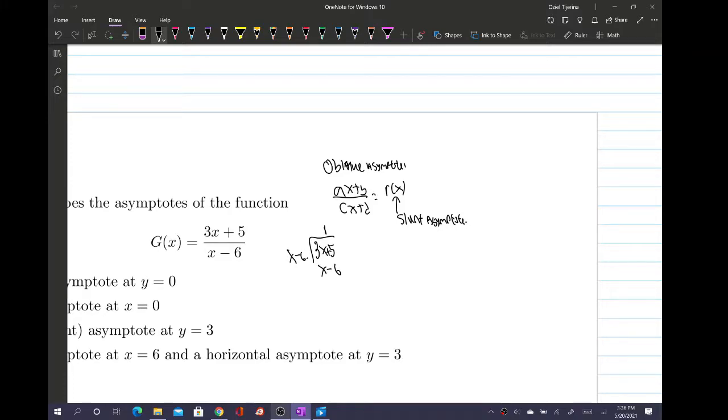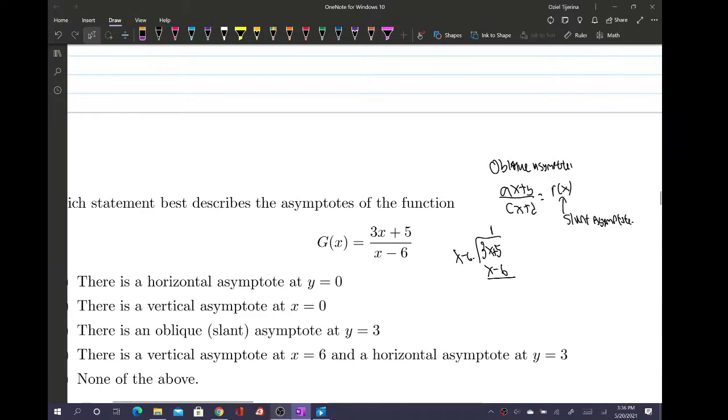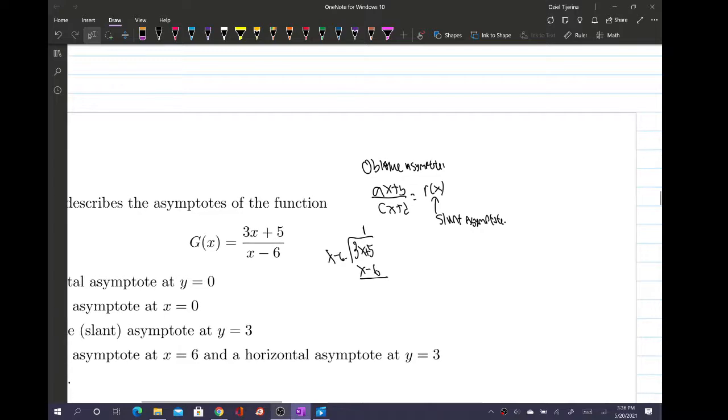That'll give us x minus 6, and then 2x, and you would do 5 minus -6, which is 5 plus 6, 2x plus 11.